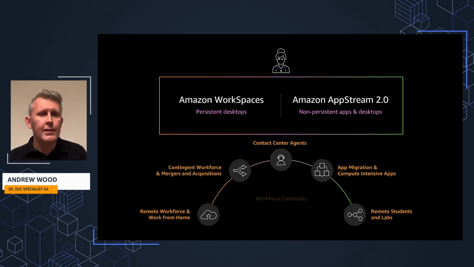Now, if we consider use cases, it's tempting, because I've seen it done, to rigidly categorize use cases as persistent or non-persistent, and ergo forever. Use case X is always a workspace solution, and use case Y is always an AppStream solution. Now, as exciting as it always is to dive in, pause, take a step back.